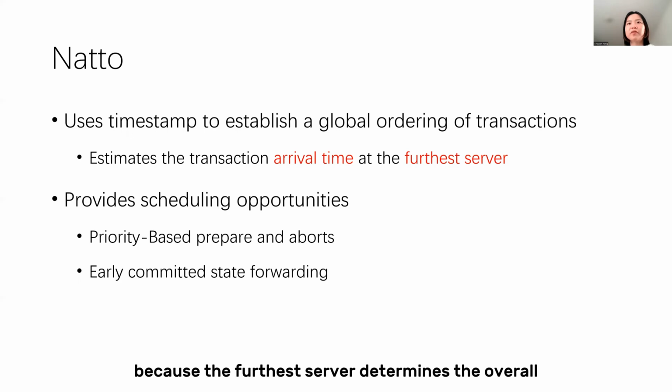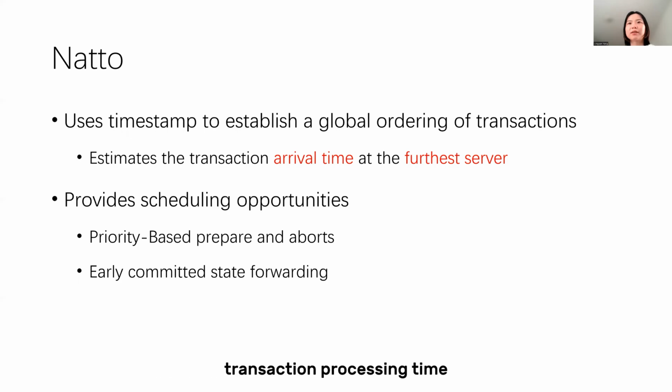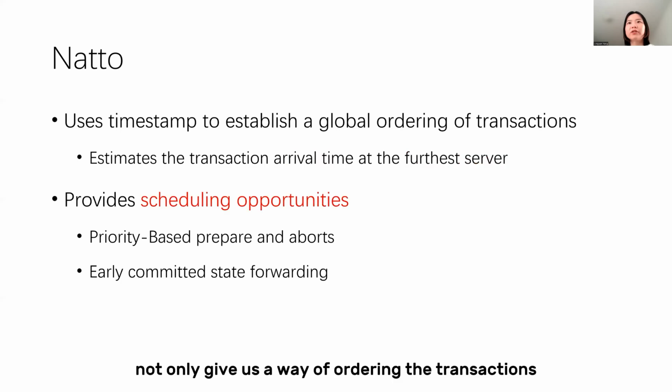Because the furthest server determines the overall transaction processing time, the timestamp can not only give us a way of ordering the transactions, but also give us opportunities to provide transaction prioritization. It allows us to perform priority abort and conditional prepare. To further reduce the latency, we introduce another optimization called early committed state forwarding.